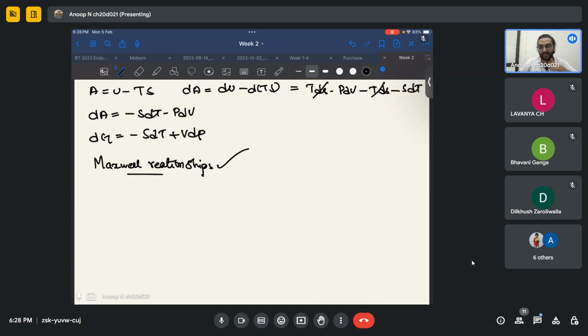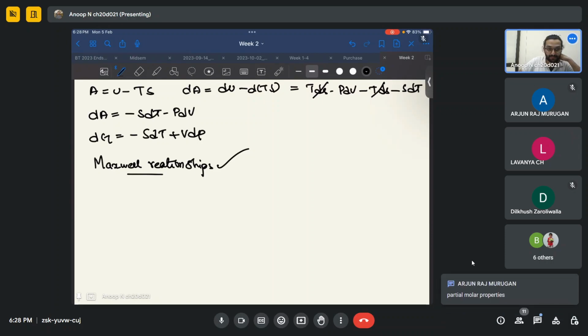This won't be coming for your exams, but just to refresh. Why do we use Maxwell relationships? Yeah, that's correct. But I'm not going into the basics. We use Maxwell relationships for some reasons, right?